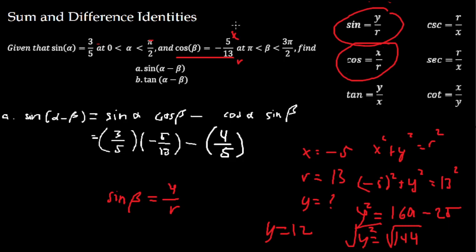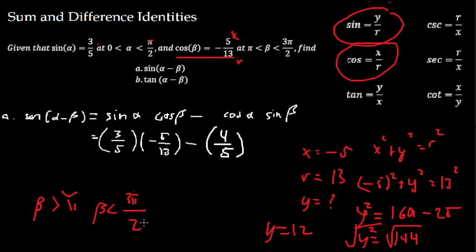And look at this. Beta is located at pi is less than beta and is less than 3 pi over 2. Now, we can write it as beta is greater than pi, but beta is less than 3 pi over 2.